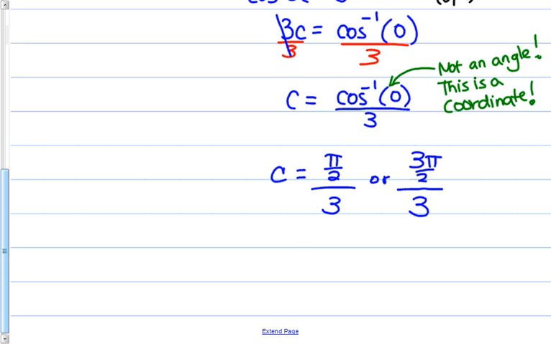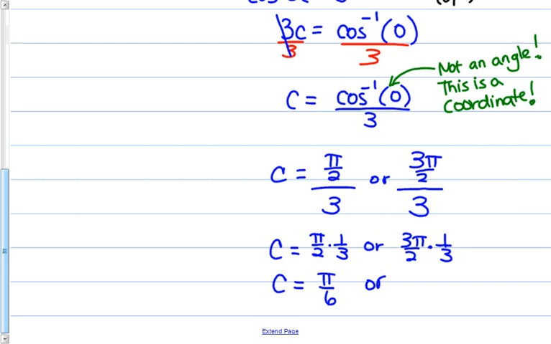Pi over 2 divided by 3 is the same as saying pi over 2 times 1 over 3. So work that out, we get pi over 6. 3 pi over 2 is the same thing as 3 pi over 2 times 1 over 3. So work that out, and we get 3 pi over 6, which is pi over 2. All right, so those are my c values.